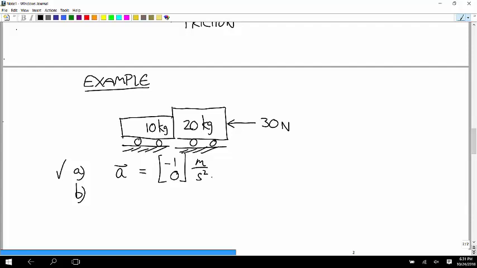And then second, did we isolate the 10 kilogram cart? So our chosen object was the 10 kilogram cart. And we wanted to calculate the force on the 10 by the 20.